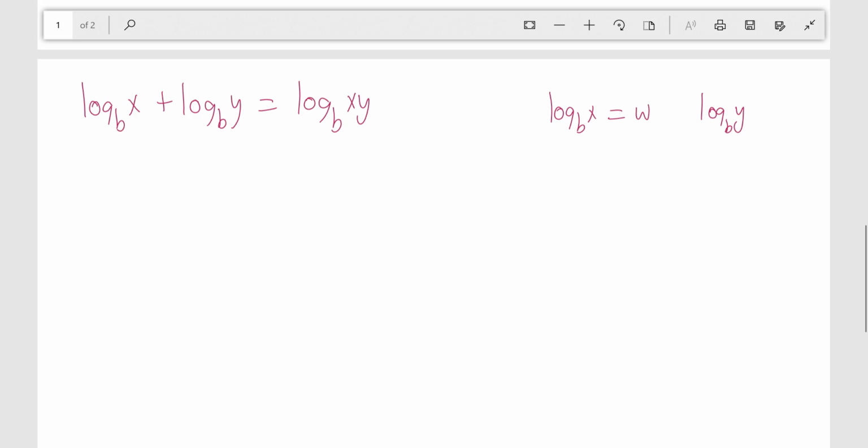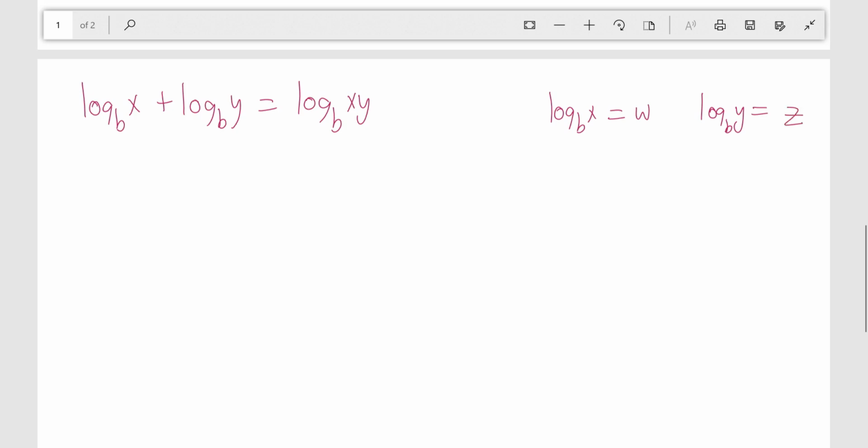All right, those of you that stayed with me. So we're trying to show that log of x plus log of y equals log of x times y. So to do this, I'm going to define a couple of things. I'm going to say that log of x equals some number w, and log of y equals some number z, right?